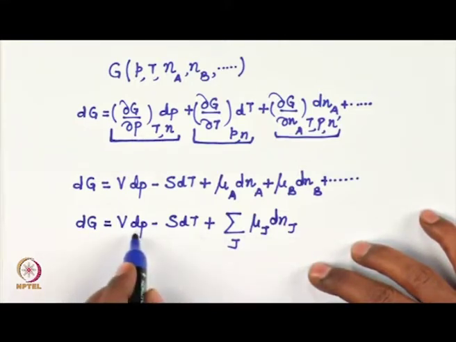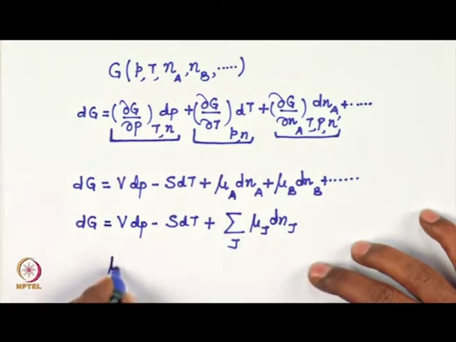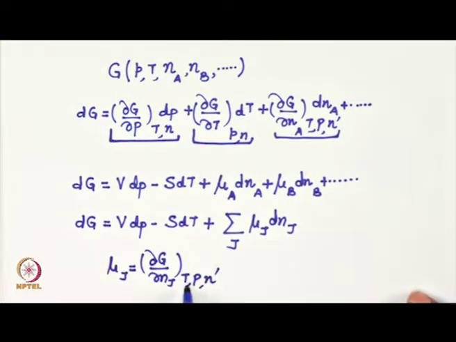If the temperature and pressure are fixed and composition of everything else is fixed, then from this expression I get mu J is equal to partial derivative of G with respect to NJ at constant temperature, pressure and N prime. When you fix the temperature, this term disappears. When you fix the pressure, this term disappears. When you fix the composition of everything else, then all those terms will disappear except the one corresponding to the species J.